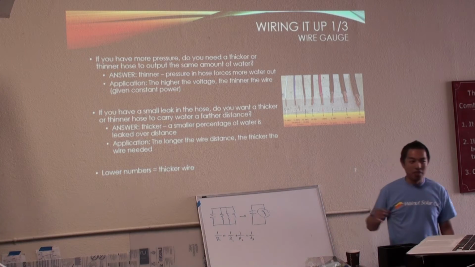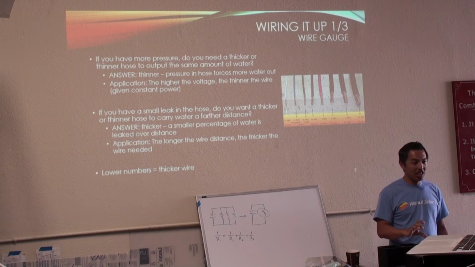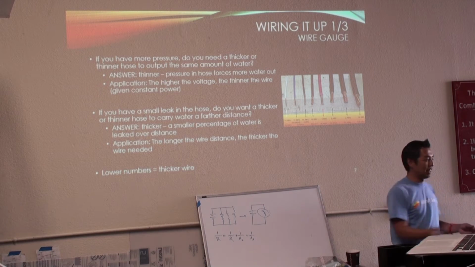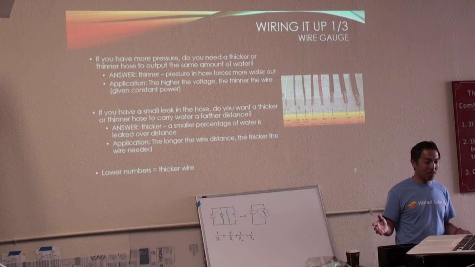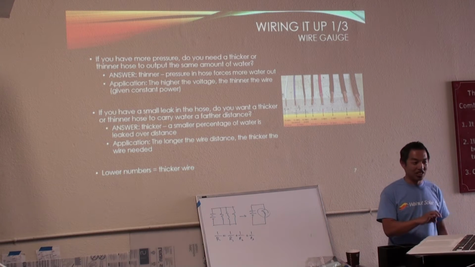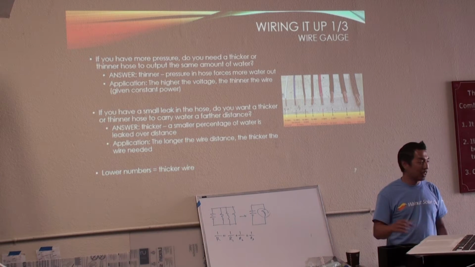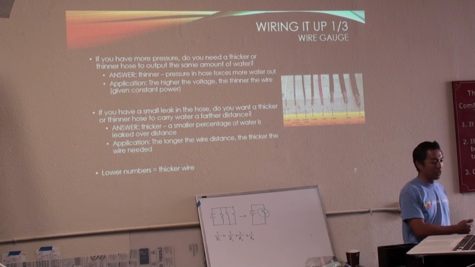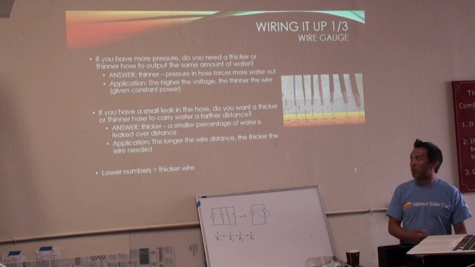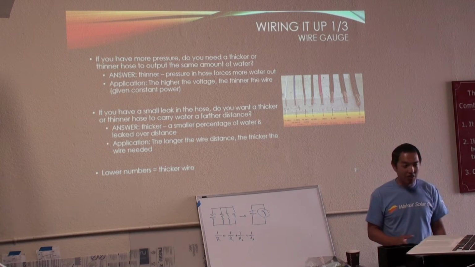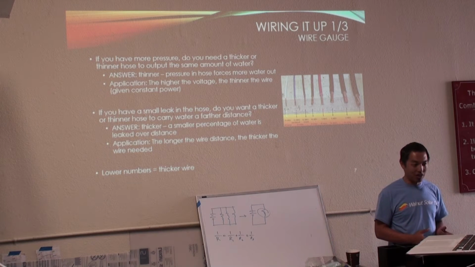A thicker wire allows the current to flow more easily, and a thinner wire, because there's not so much conductor there, means that it will be harder to drive that current through.